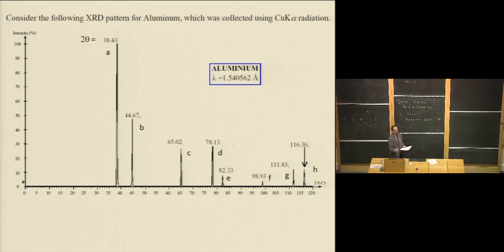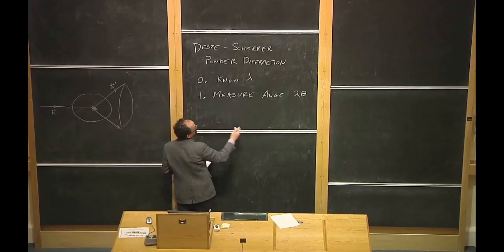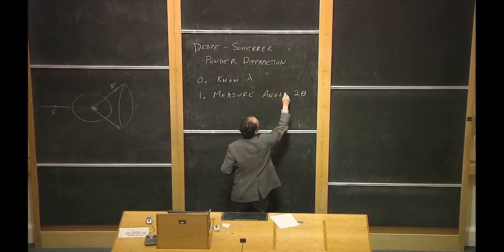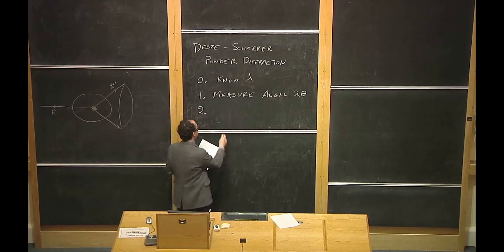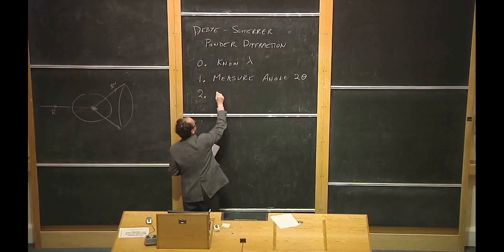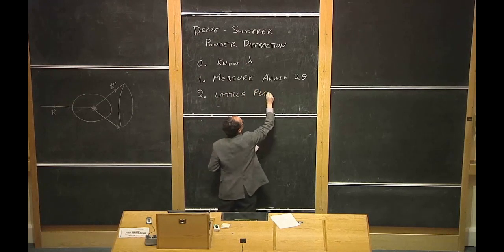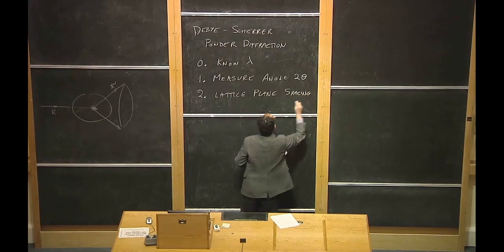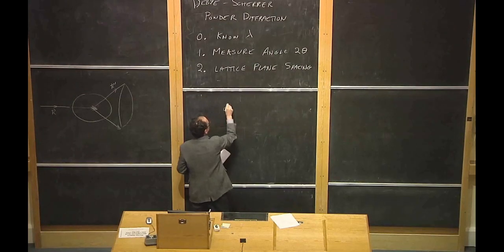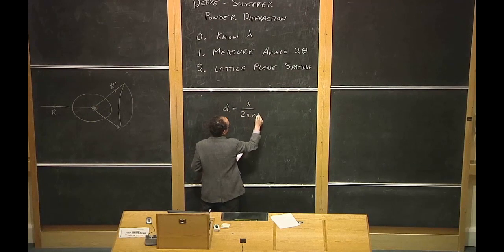Okay, for each scattering angle you measure, step 2: calculate the lattice plane spacing, using Bragg's law, and that is d equals lambda over 2 sine theta.